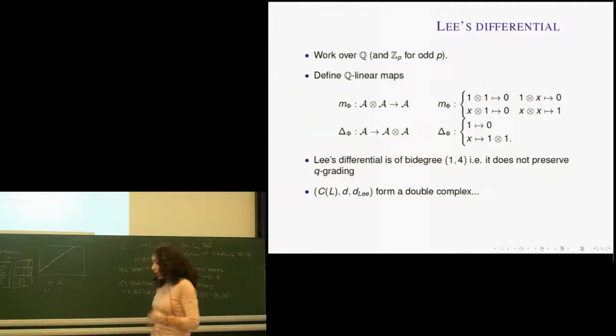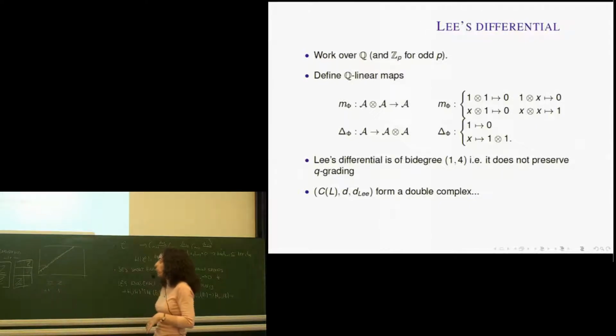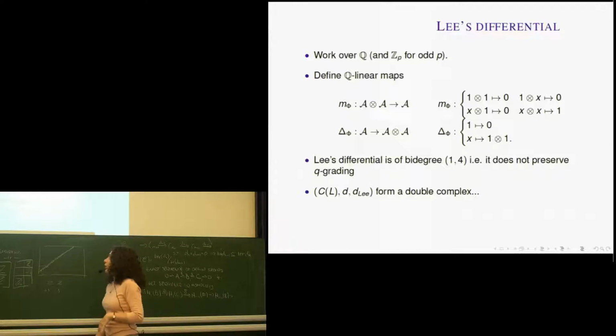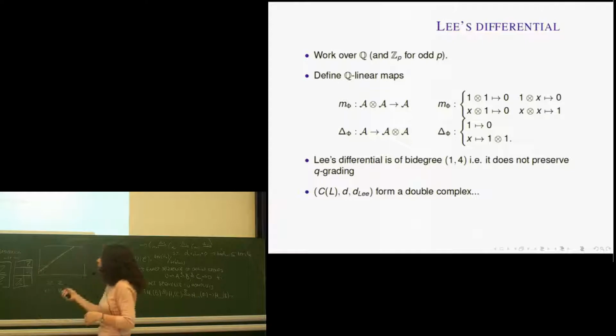Okay, and here's how you attempt to prove it for thin knots. It's a result by Lee from 2002, and it's really, really clever. You can pick which coefficients you want to work with. Let's stick with Q. And what she did, she defined a new map on Khovanov homology. You keep all of the chain groups, but instead of looking at the Khovanov differential, she introduced a map that turns out to be a differential. That's something you need to prove. It looks like this.